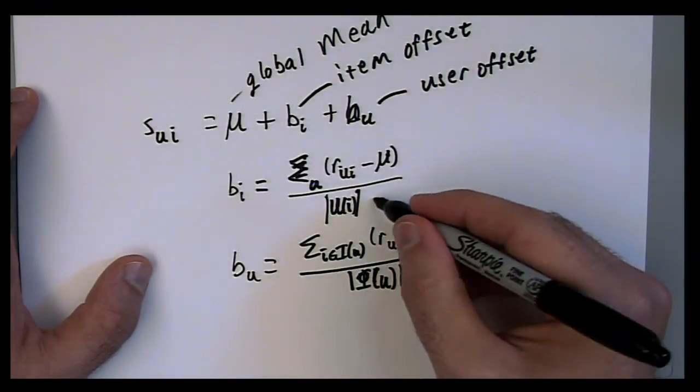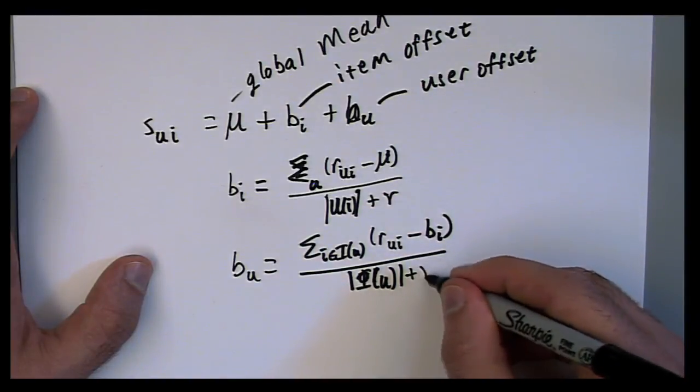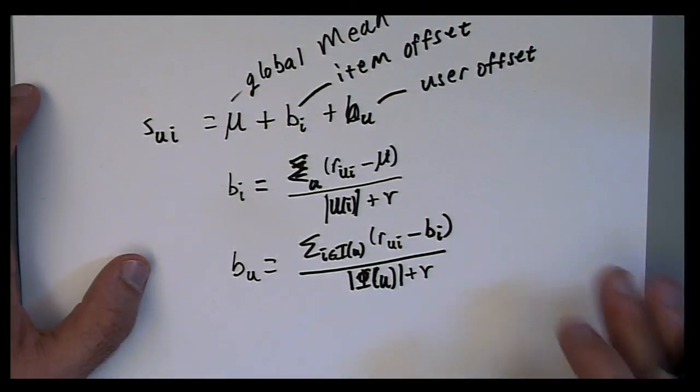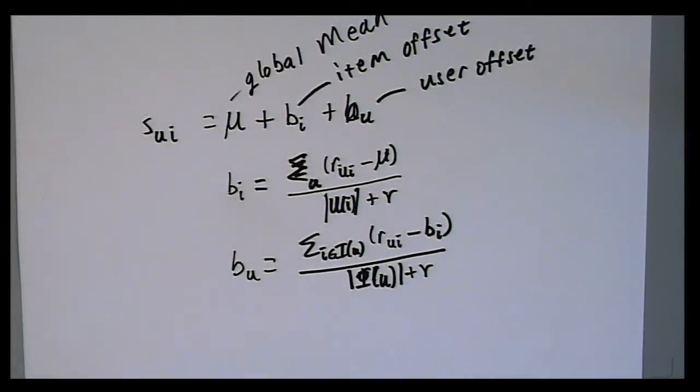And then in both of these we just put in a little damping term gamma to decrease the extremism of means based on very few ratings.